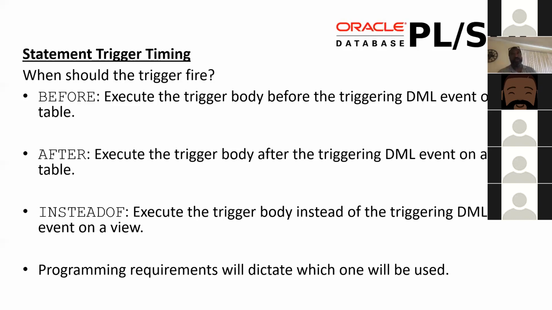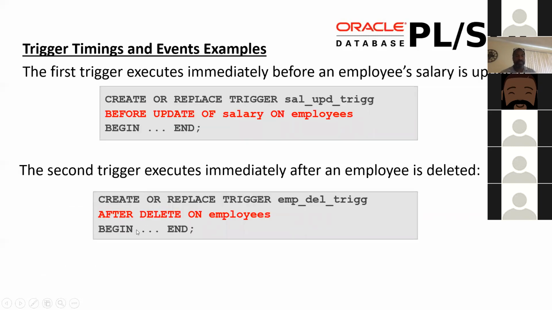Remember, for the most part, the trigger is not going to impact that particular table, but it's going to do something else. I'll go into it more when we get to the examples. You'll see where it's important to understand, based on the programming requirements, when the trigger should fire.